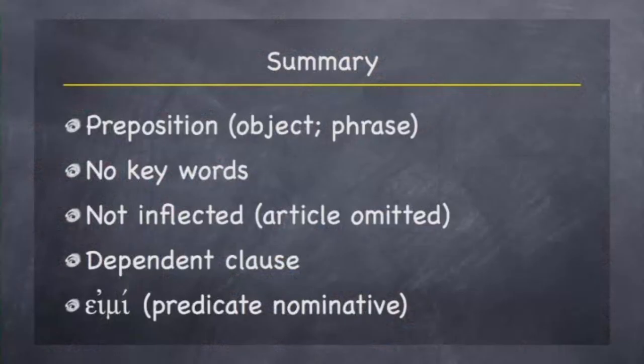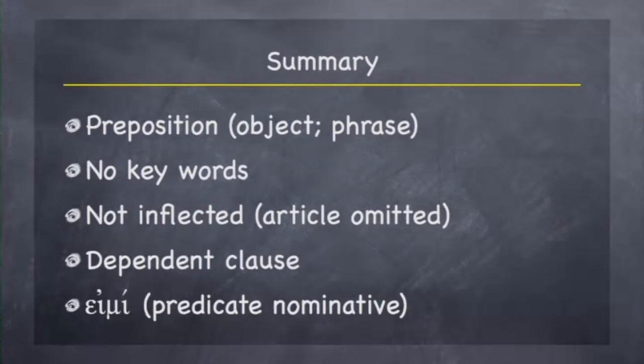But prepositions anyway. Okay, well, let's go to our summary and see what we've learned in this lesson. We learned about prepositions, words that show the relationship between two other words. They can be spatial, but they can also denote other kinds of relationships. They will be followed by their objects. The object can always be in the same case for some prepositions, but other prepositions are going to take their objects in two or even in three cases, and you have to look at the case of the object before you can translate the preposition.